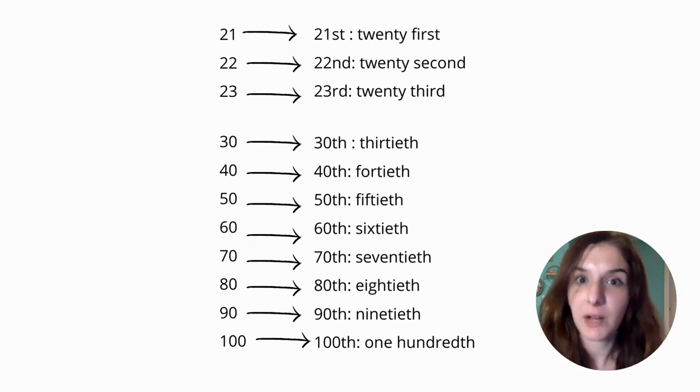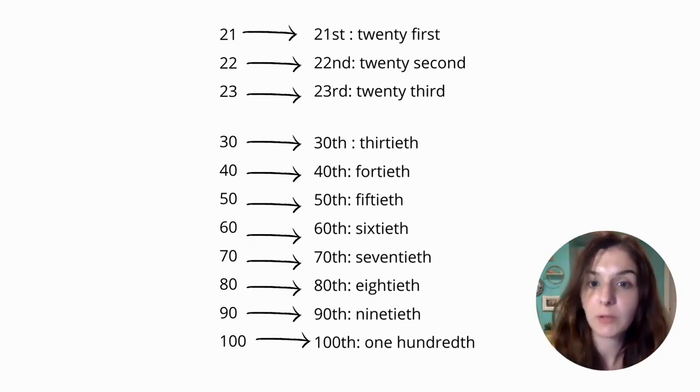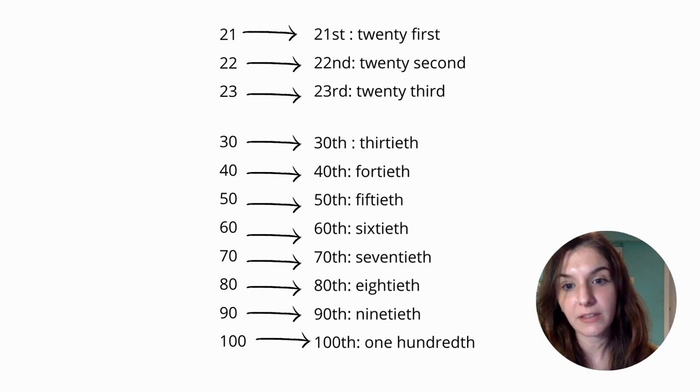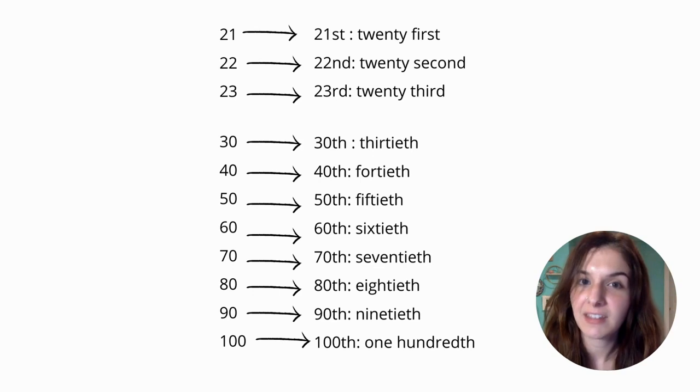Now once you reach 20, you can simply repeat the patterns from 1 to 9. So 21 would be 21st, 22 would be the 22nd, and 23 would be the 23rd, and so on and so forth. So here we have 30, 30th, 40, 40th, 50, 50th, 60, 60th, 70, 70th, 80, 80th, 90, 90th, and 100 would be 100th.